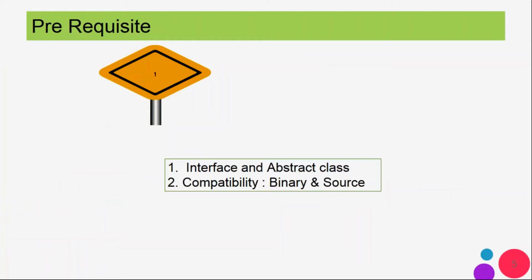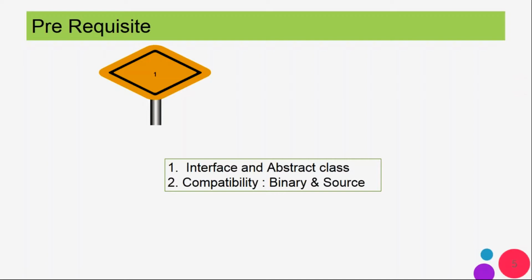The first part is interface and abstract class. Friends, interface and abstract class are a must-know concept before reading about the static and default methods which were introduced along with Java 8.